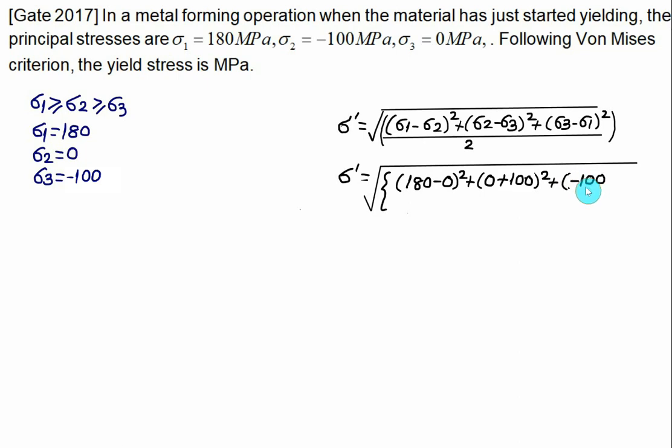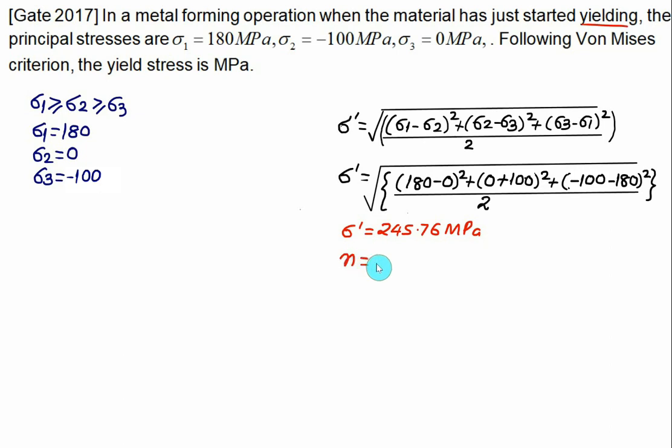Sigma 3 is equal to minus 100 and sigma 1 is equal to plus 180, again you have to take a square and divide it by 2. So your sigma prime is equal to 245.76 megapascal.